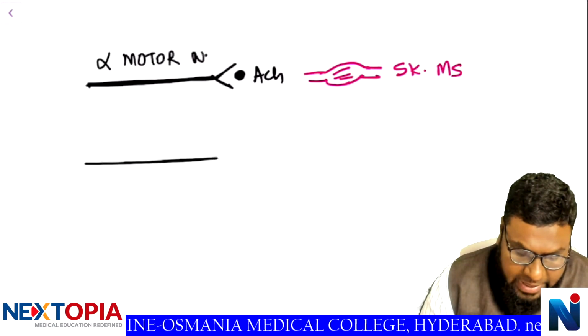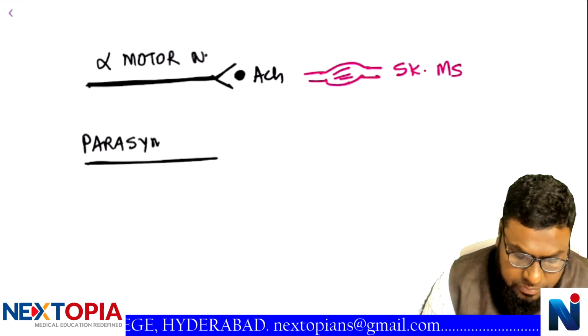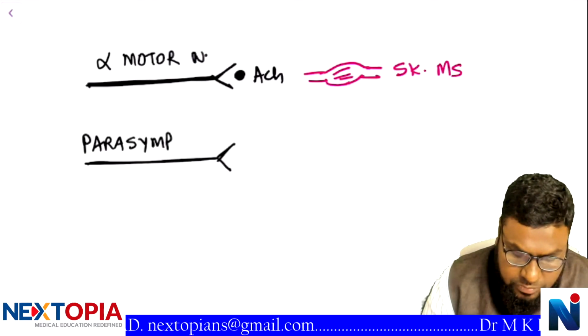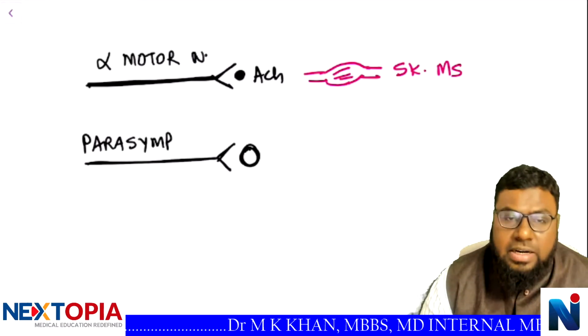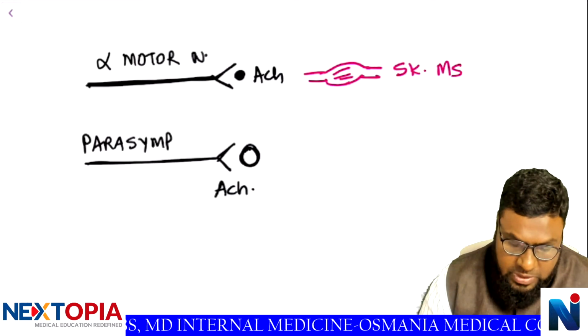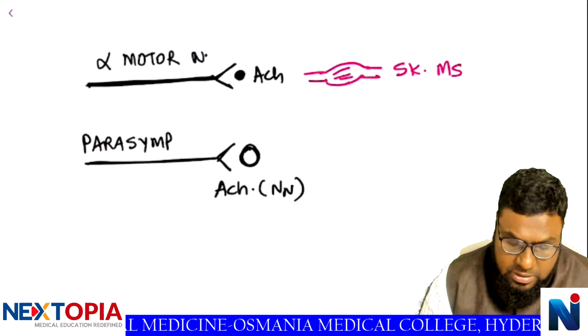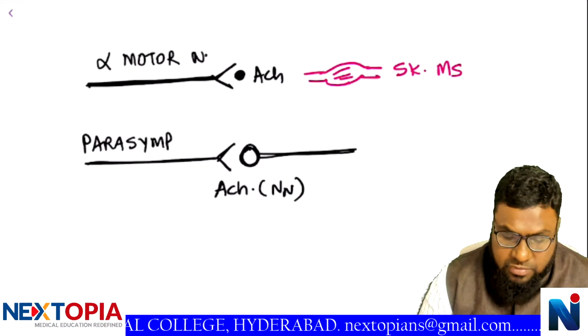If we talk about the parasympathetic system, parasympathetic nerves act on the target tissue by acetylcholine, acting on nicotinic N type of acetylcholine receptors, if it is preganglionic.